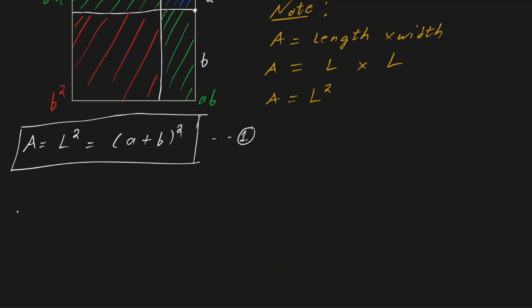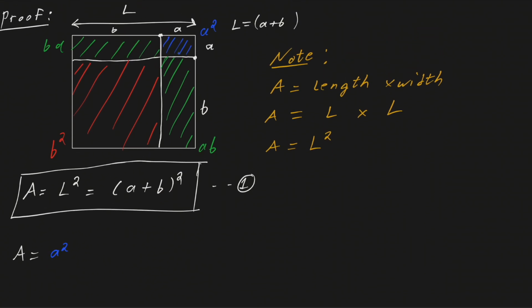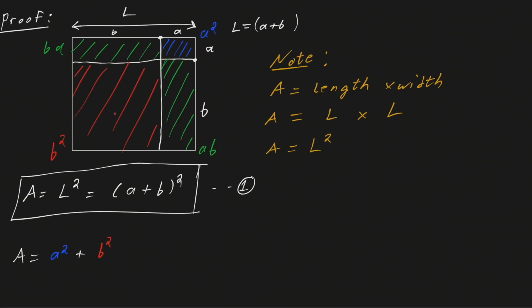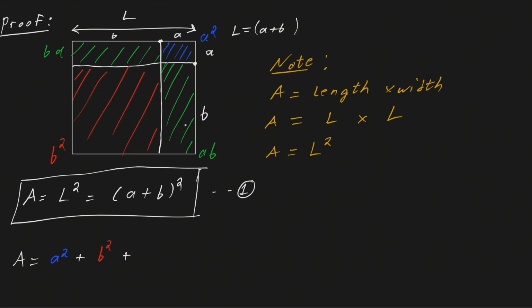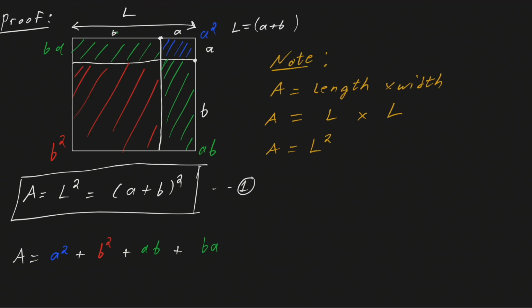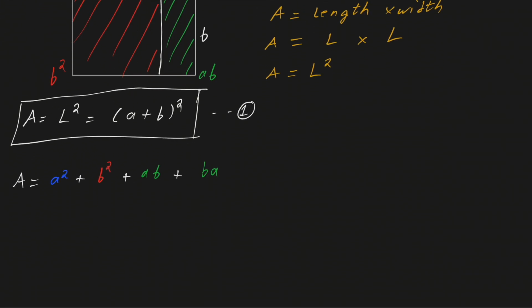So we can rewrite the area of the square as the sum of these different areas. So starting with a squared for the blue square, b squared for the red square, ab for the first green rectangle, and ba for this second green rectangle.